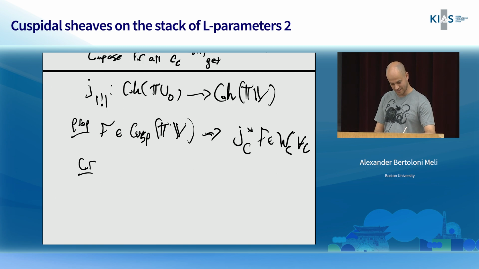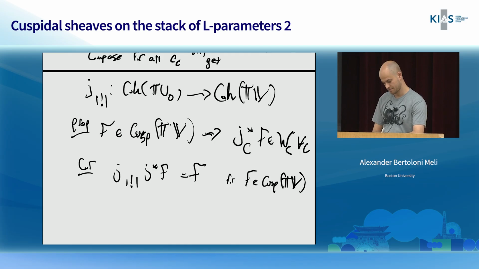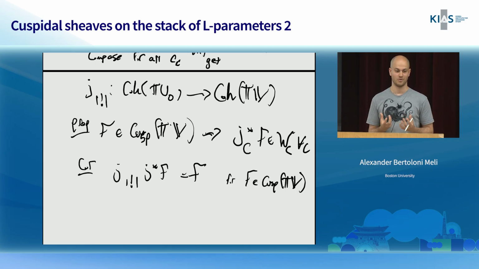But one corollary is you can do some kind of recursive computation and show that the exceptional extension of the pullback of F is F, for F in Cusp TV. And this pullback actually lives on the open orbit now. So we've exhibited our cuspidal sheaf as some kind of shriek extension.